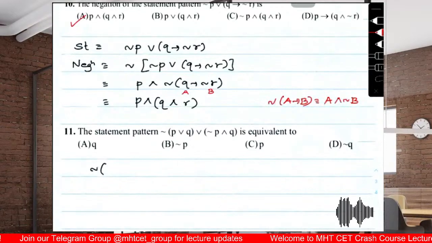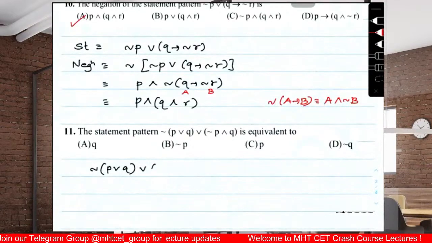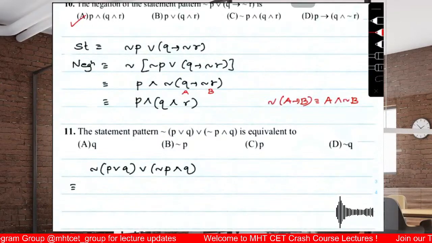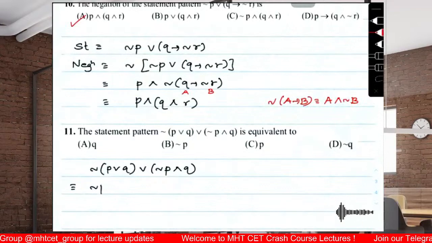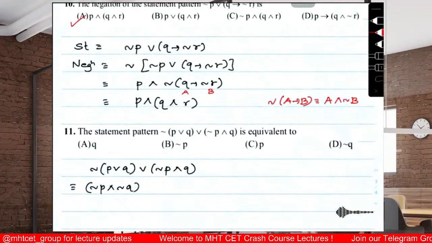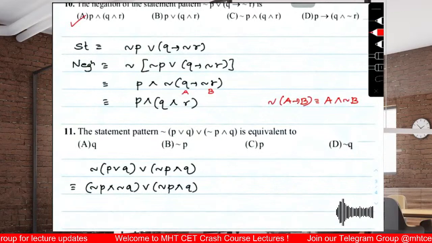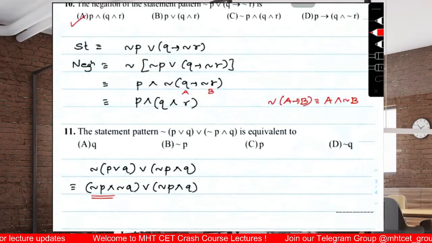Not P or Q or not P and Q. First bracket में D Morgan's law use करो. Not P and not Q or not P and Q. Okay, now you can take this form.